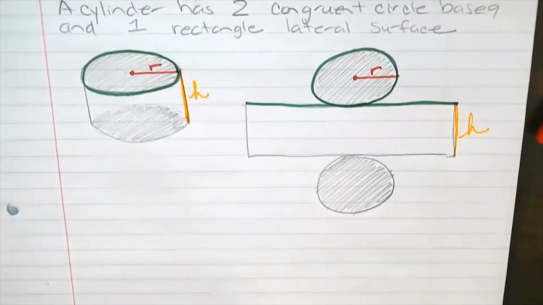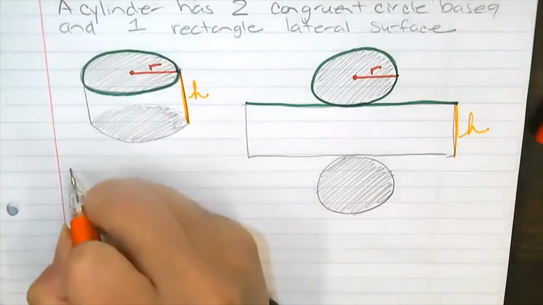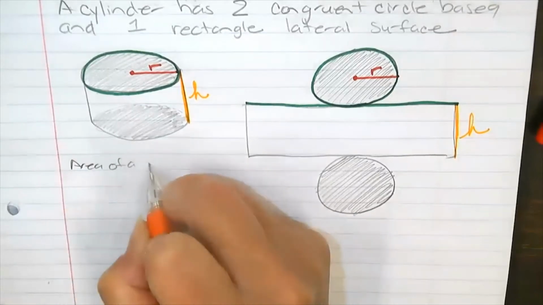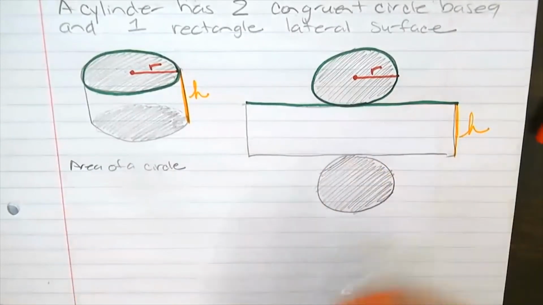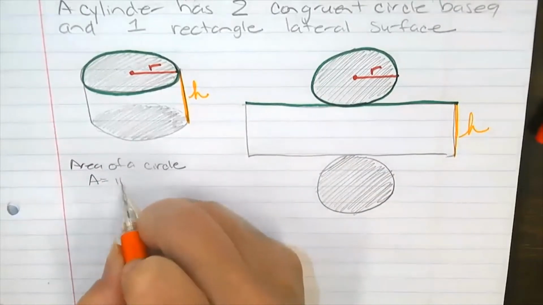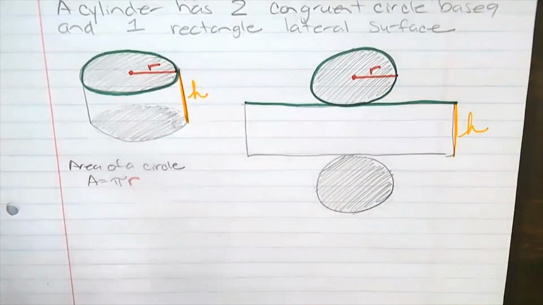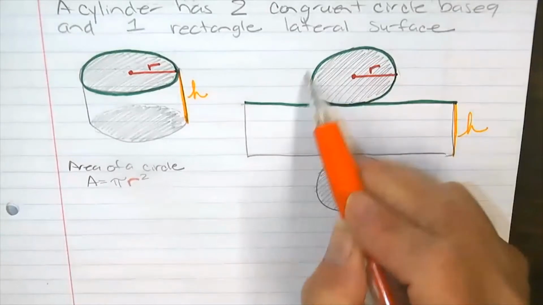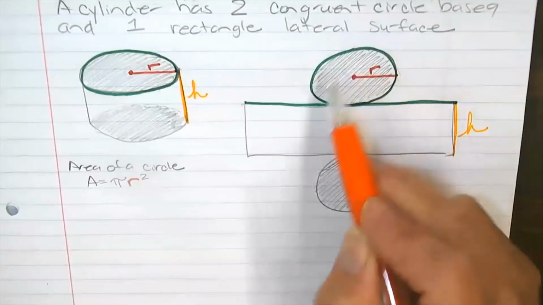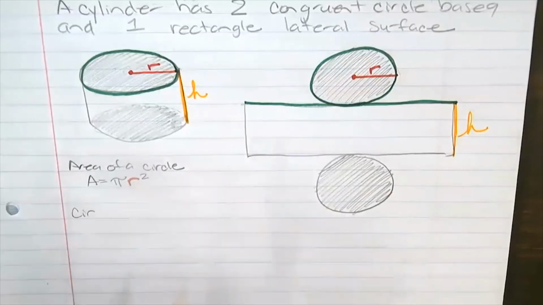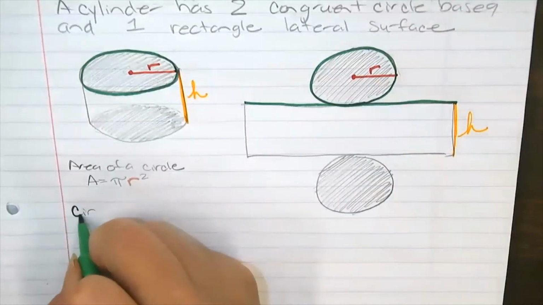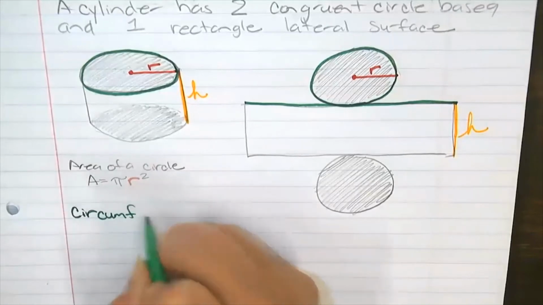Now, what do we need to know to figure out the surface area of a cylinder? Well, we need to know how to find the area of a circle. And the area of a circle is pi r squared. We also need to know how to find the circumference of the circle. The circumference.